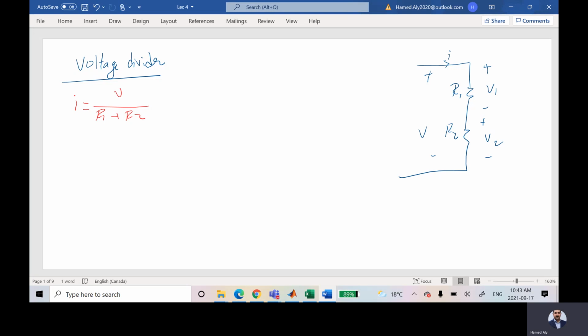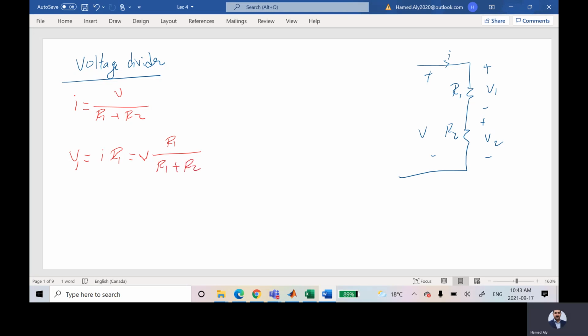Now, if I would like to calculate V1, V1 is equal to what? V1 is equal to I multiplied by R1, which is equal to V times R1 over R1 plus R2.